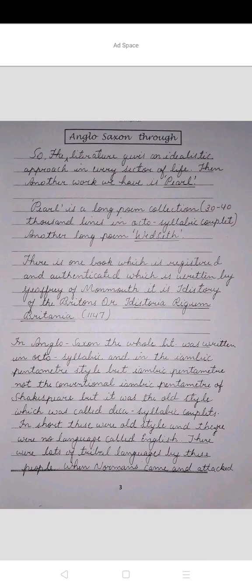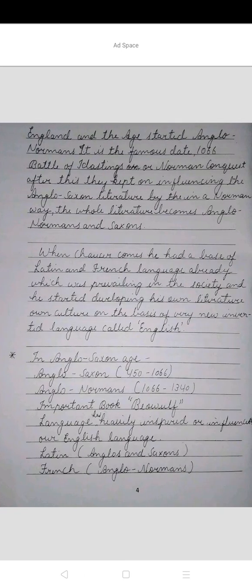When Normans came and attacked England and the Anglo-Norman age started, the famous date is 1066 BC, the Battle of Hastings, also known as the Norman conquest. After this, they kept on influencing Anglo-Saxon literature in a Norman way.